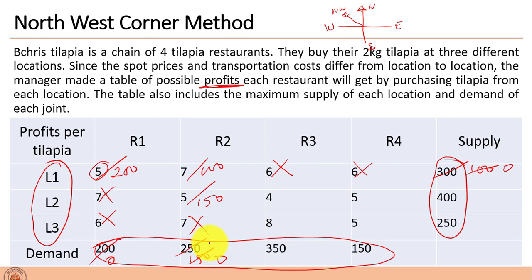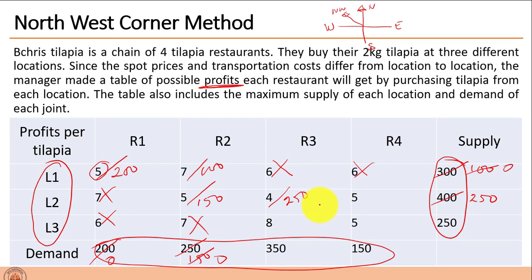However, L2 has given out 150, so let's take the 150 from here. Then we are left with 250. So we can provide again from warehouse number 2 to restaurant 3. Let's give them how many? The 250 from warehouse 2, because they need 350, and what is left in warehouse number 2 is just 250.